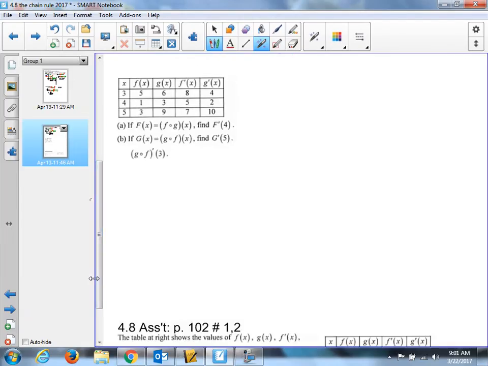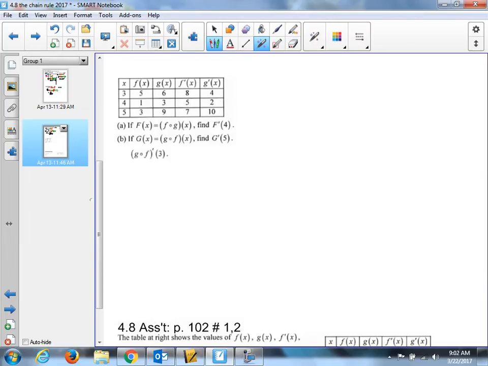How about this? I've got a chart of values: f, g, f prime, g prime. So I don't know what the function is, but I know the function at selected values. This is sort of like that question the other day, I think 2 days ago, where you're not told what the function is, but play around with it a bit.